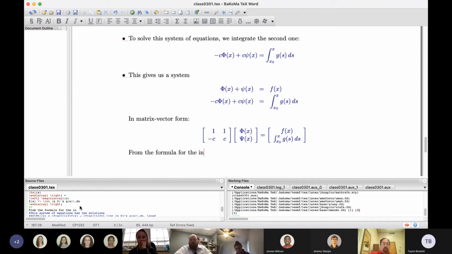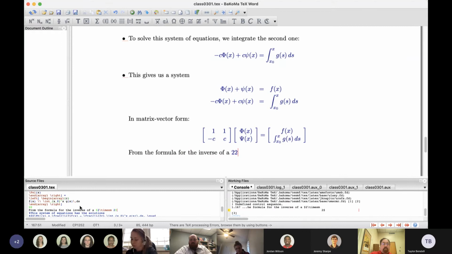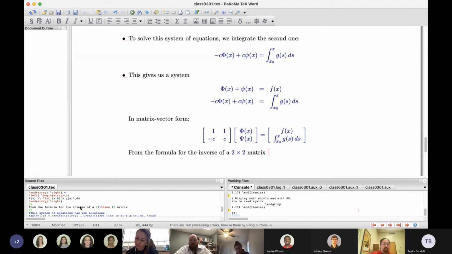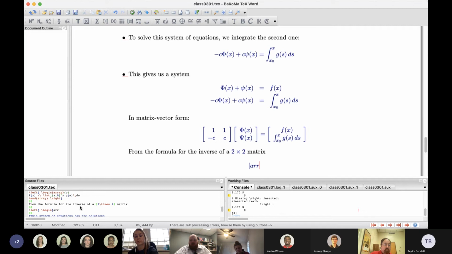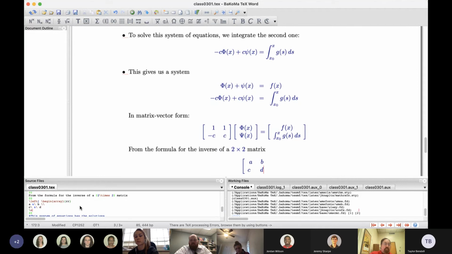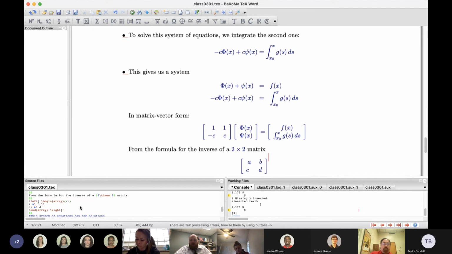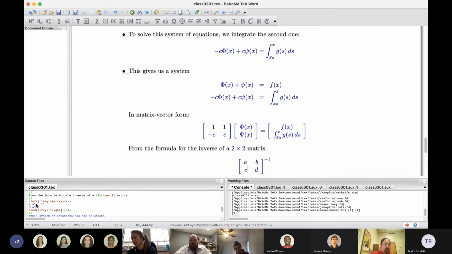Now, if I use a formula for the inverse of a 2 by 2 matrix, just in general, and this is one of those good to know things that comes up surprisingly often, even in a nonlinear algebra setting.